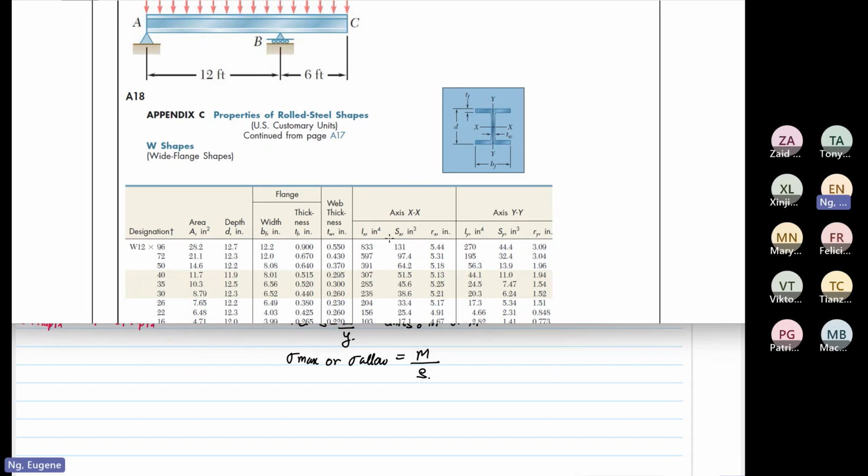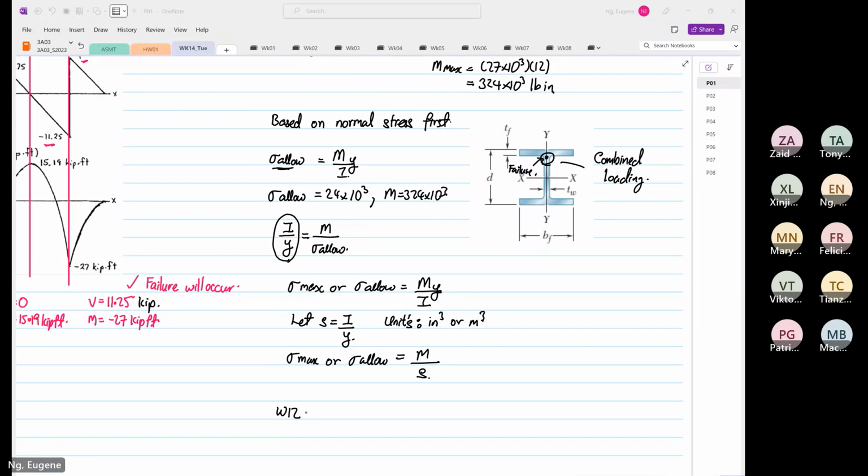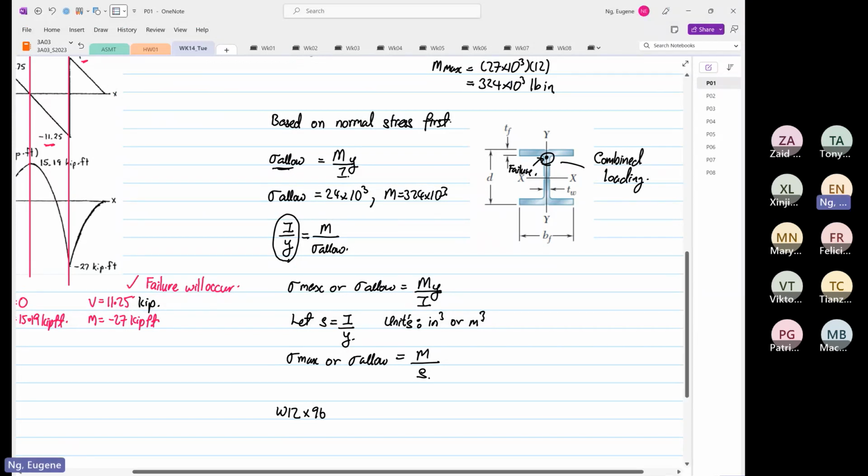So how do they calculate that value? We pick a typical value. Over here the first one, you all can see 833, yes or no? Let's pick W12 times 96.